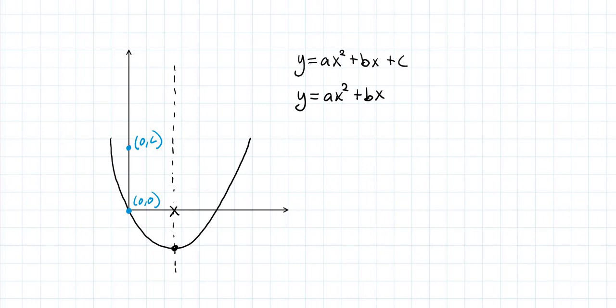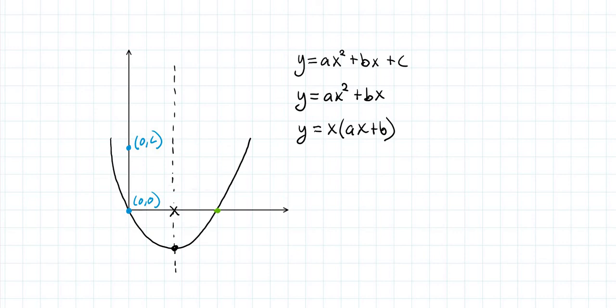So let's factor this and solve for the two roots. We already know the one root because we just made it be at 0, 0, but we have this other root that I've drawn here in green, and let's figure out where that is. So I'm going to factor x. So I have x times ax plus b. And now I know I have two roots.